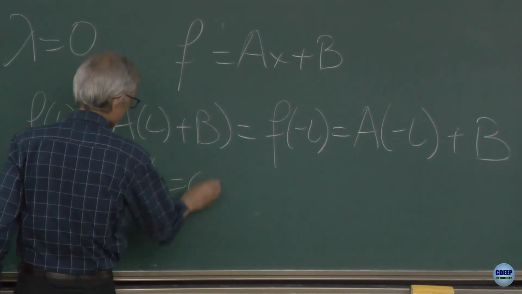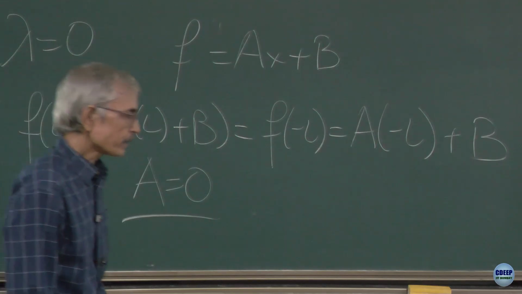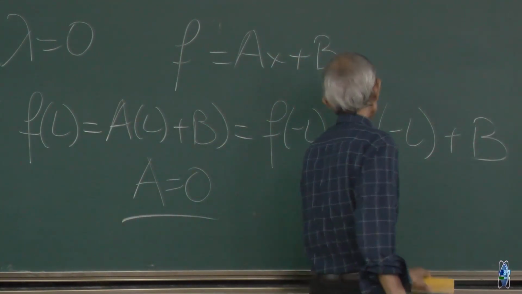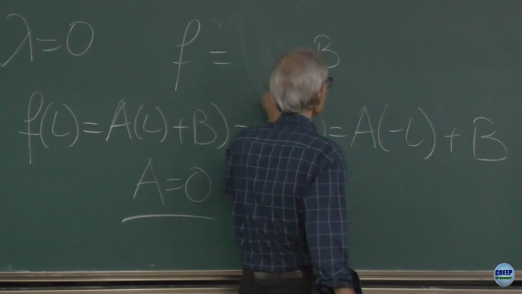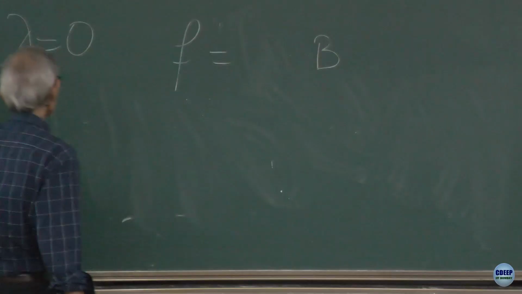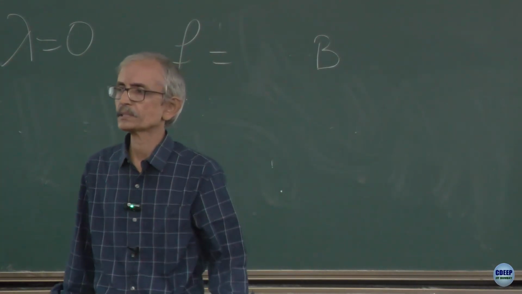Okay, so there's nothing very significant about this. Now, if a is equal to 0, then f is equal to b. Is f equal to b a valid solution to this situation?